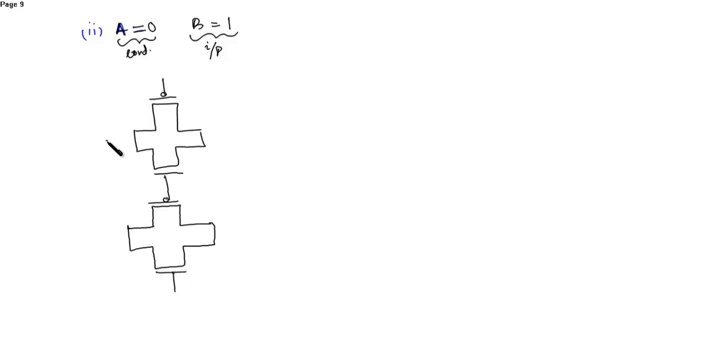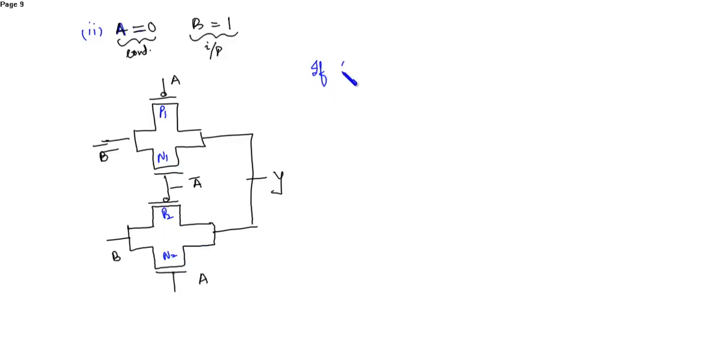This is the input. This input is B bar, and this input is B. Similarly, this is A bar, and this is A. Here is the output Y. So now this is P1, N1, P2, and this is N2.